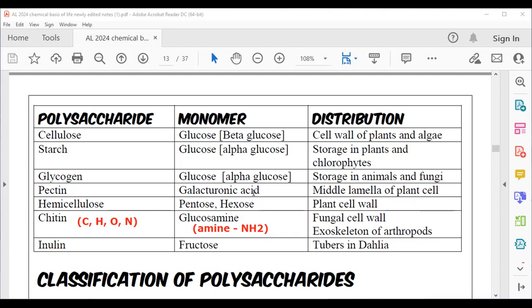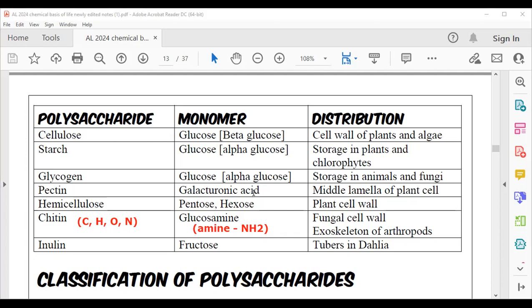It has root tubers, like manioc, root tubers. And those root tubers store inulin. It's a storage polysaccharide. Inulin is what kind of polysaccharide? Storage polysaccharide.